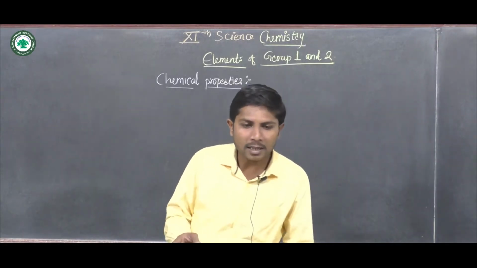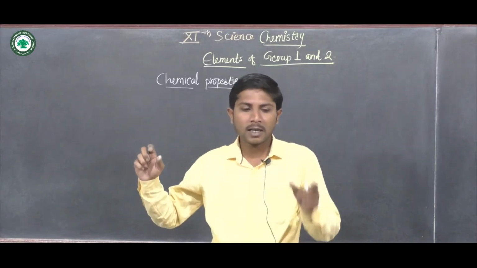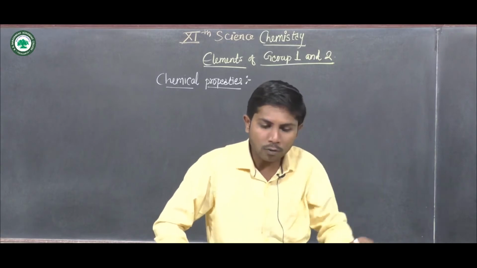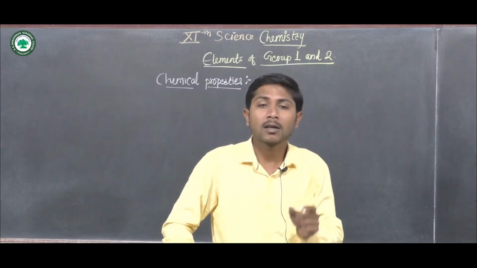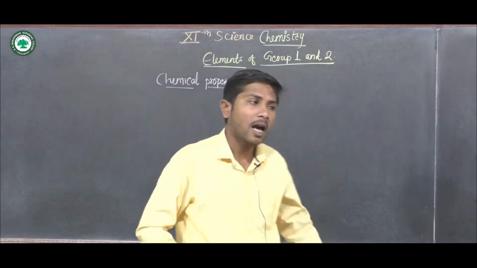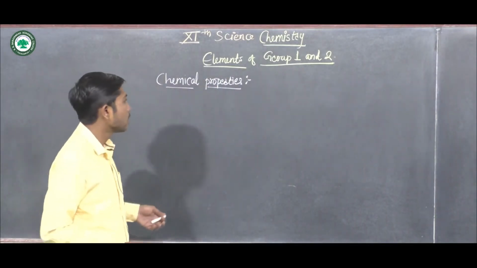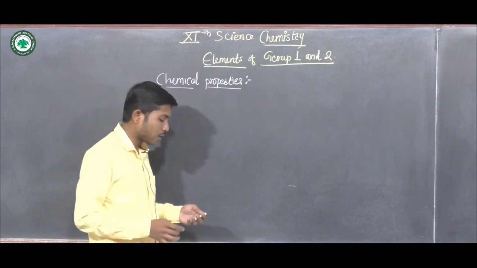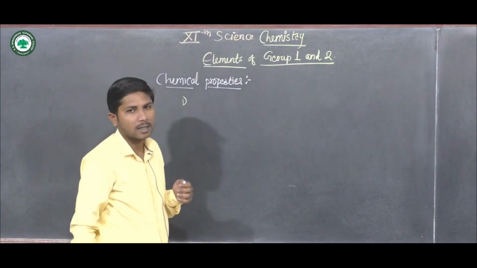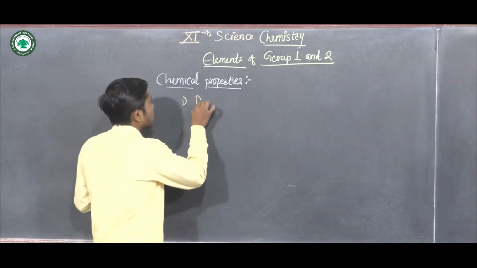As these are highly reactive metals, those are highly reactive non-metal halogens. The ionization enthalpy of the group first elements is lower than that of group 17 elements, as the number of electrons required to fulfill their octet is higher. Okay, now let's see the reaction with oxygen.